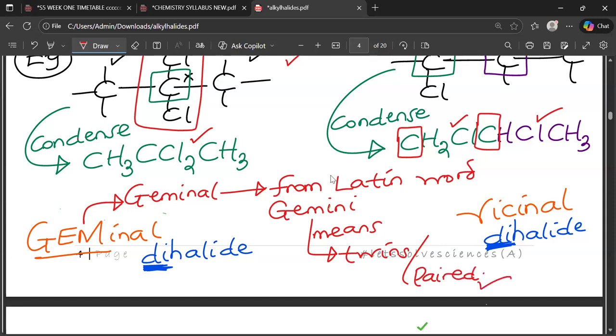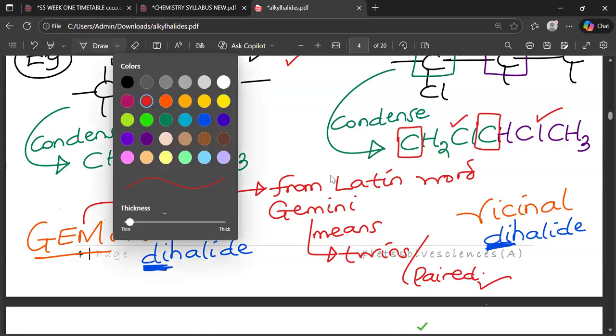So when you see two halo groups on the same carbon, gemino dihalide. When they're on different carbons, but those different carbons are adjacent, vicino, and period.